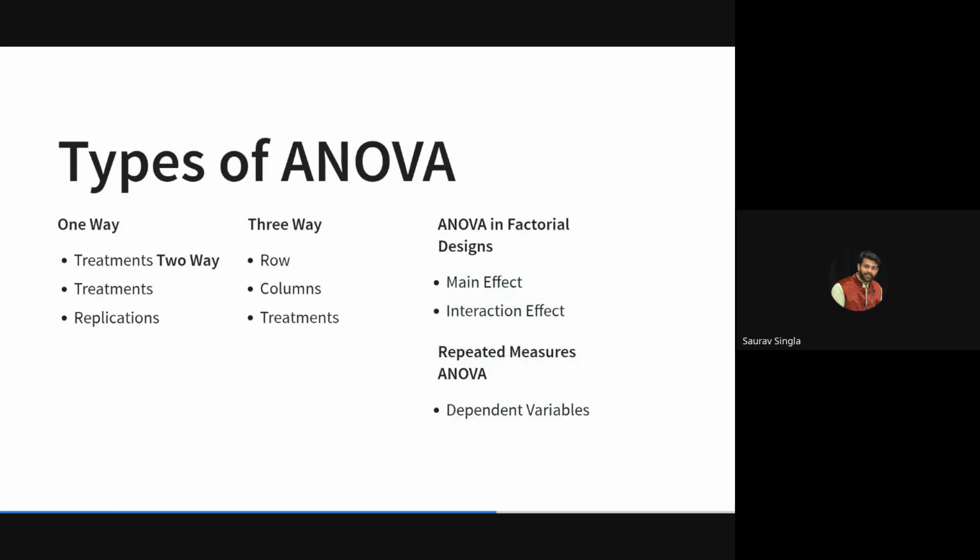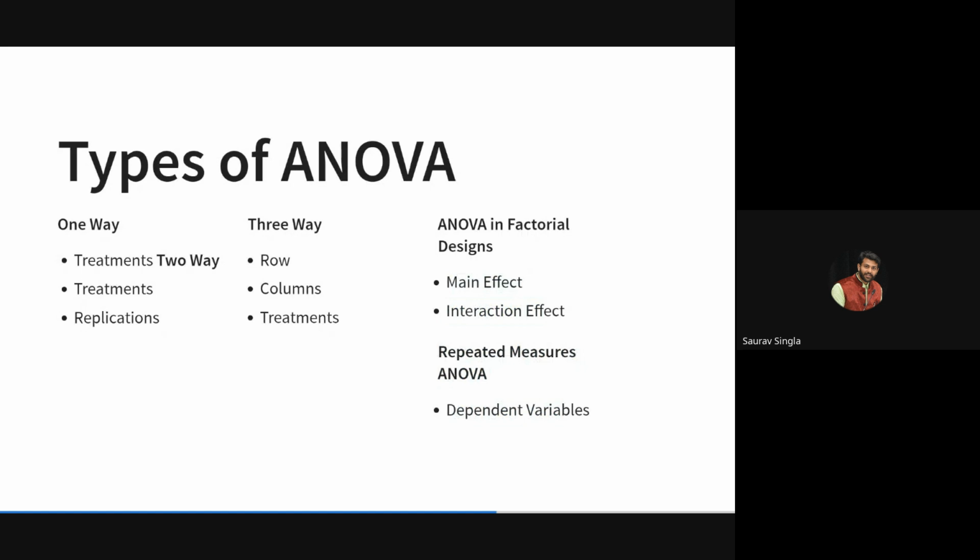In the second year, for the same tree, you apply the second type of treatment. In the third year, for the same tree, you apply the third type of treatment. That means the subject to which you are applying the experiment remains the same. It is not getting changed. In that kind of case, you need repeated measures. The name makes it clear that you are making repeated measurements on the same subject. That type of ANOVA is called repeated measures ANOVA.